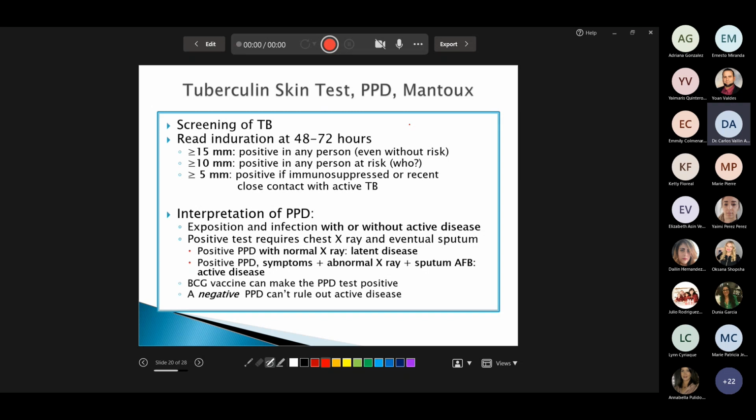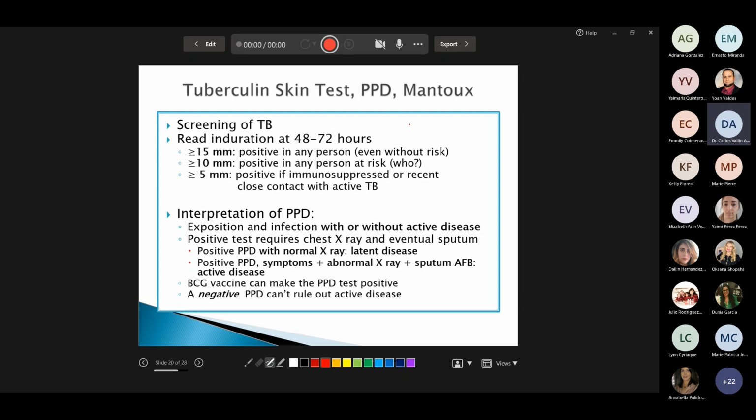People that have HIV or AIDS are people at risk. People that have malnutrition, because malnutrition produces immune suppression, like, for example, alcoholics, homeless. Those are people at risk.